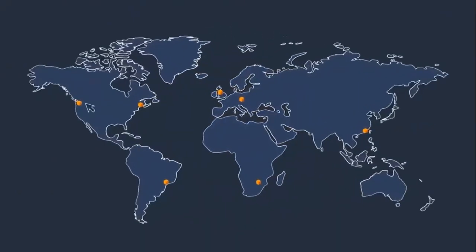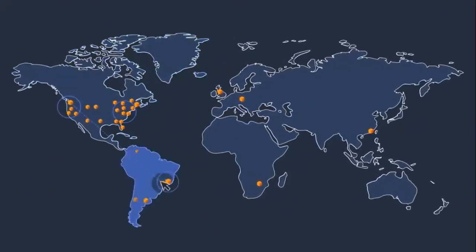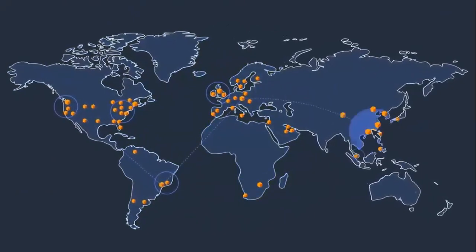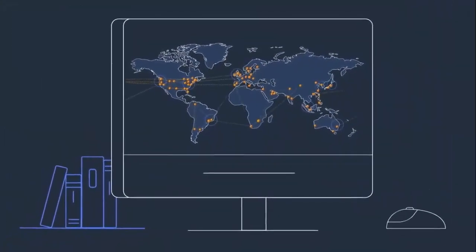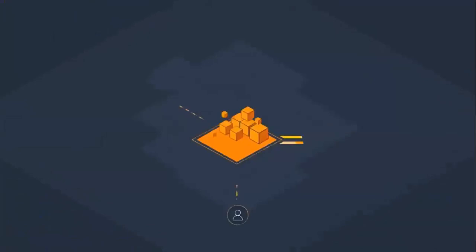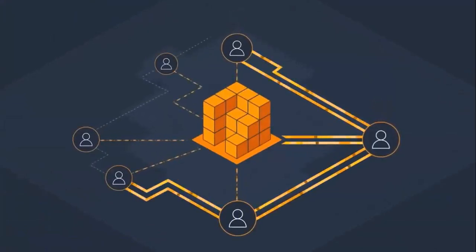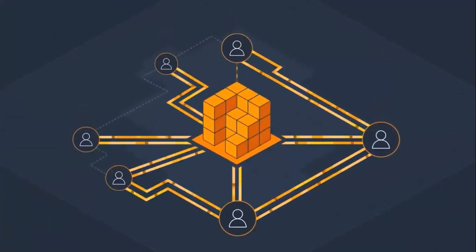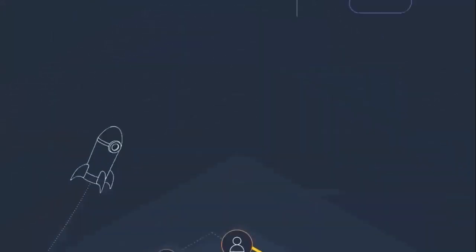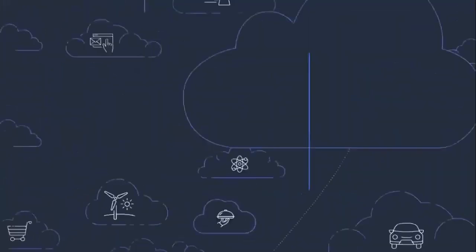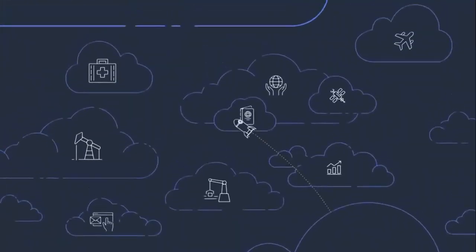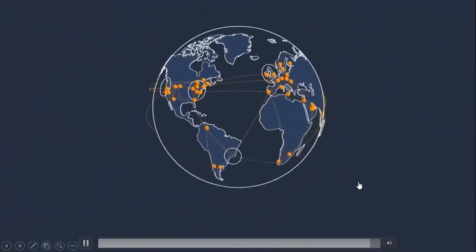For example, Amazon Web Services has infrastructure all over the world, so you're able to deploy your application in multiple physical locations in just a few clicks. Putting applications in closer proximity to end users reduces latency and improves their experience. No matter your location, size, or industry, the cloud frees you from managing infrastructure and data centers so you can focus on what matters most to your business.